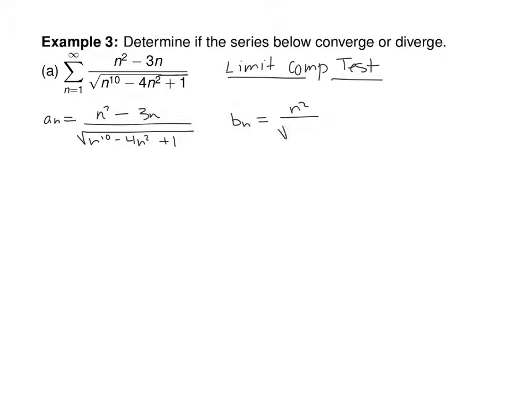N squared over root n to the 10th, which is n squared over n to the 5th, or 1 over n cubed. And then this limit comparison test says to find the limit as n goes to infinity of the ratio of these terms. And if this limit is a positive finite number, then you know that the series sum of a n's and sum of b n's do the same thing.